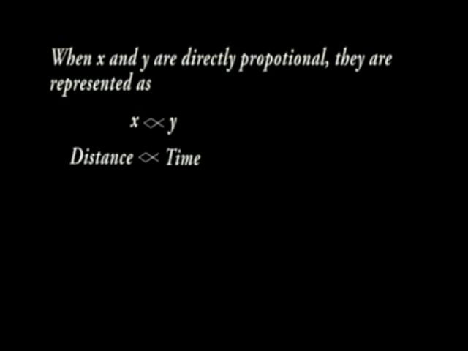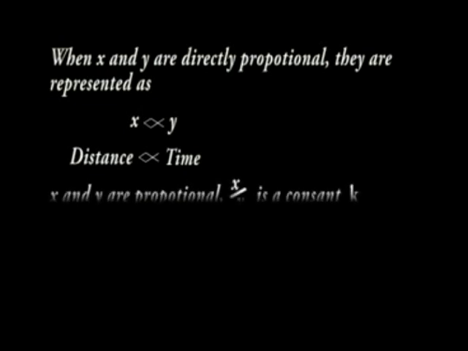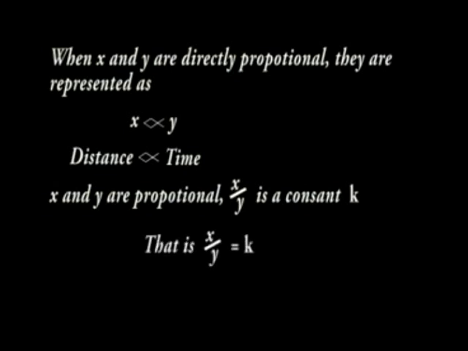If two quantities x and y are proportional, x over y is a constant k. That is, x over y is equal to k. This means for expression 1, the alpha can be replaced by an equal sign and a constant added. That is, x is equal to ky.